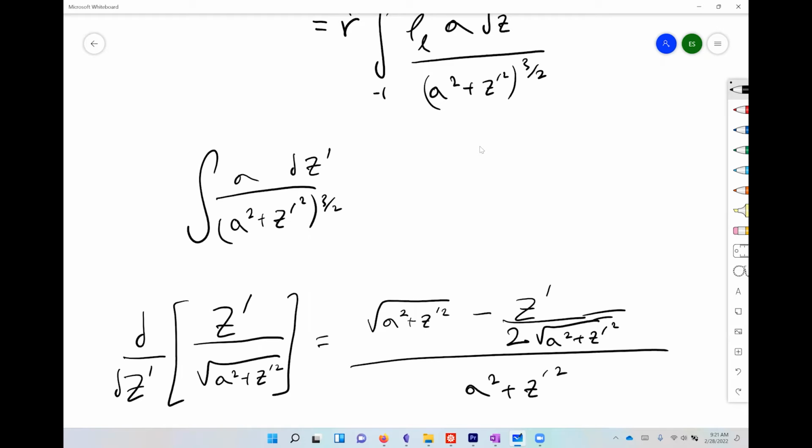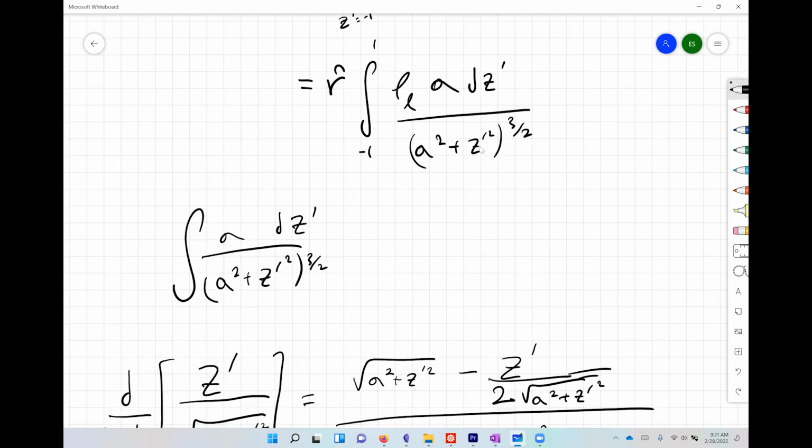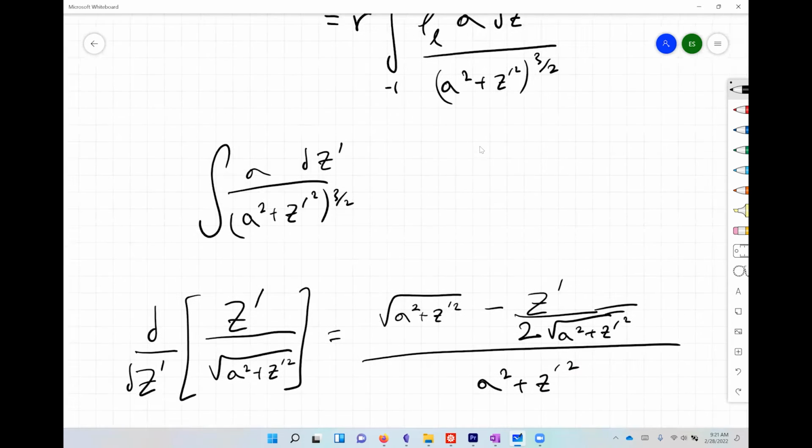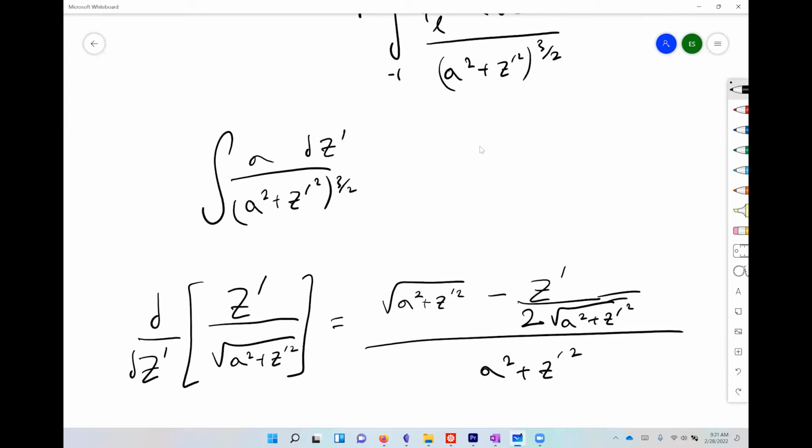Let me see, is this correct? Oh, there's a 2z here. So I differentiated the square root, 1 over 2 square root of a squared plus z prime squared, but now I need to differentiate what's inside the square root. It's the composition rule. So there's a z prime squared, so this is going to be an extra 2, an extra z prime. So it becomes 2z prime squared. The 2 cancels with the 2. Okay.